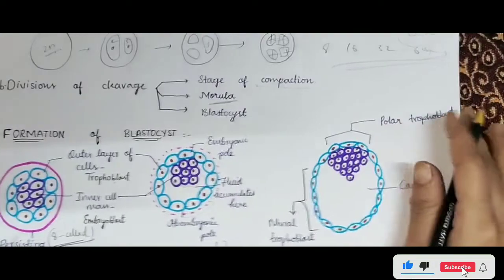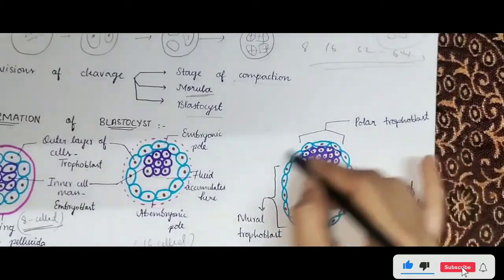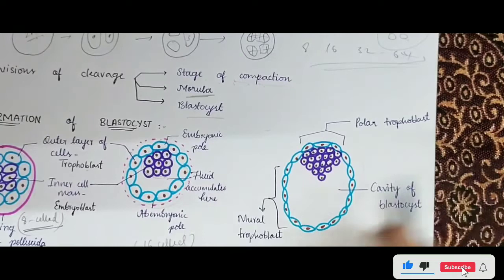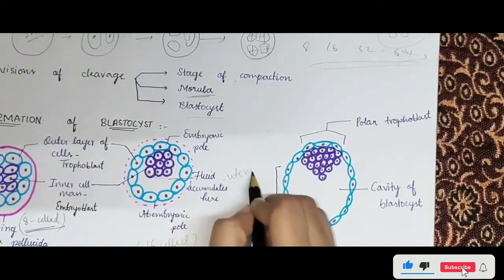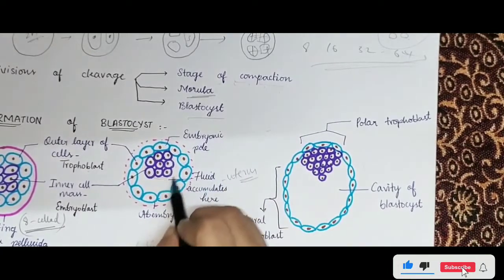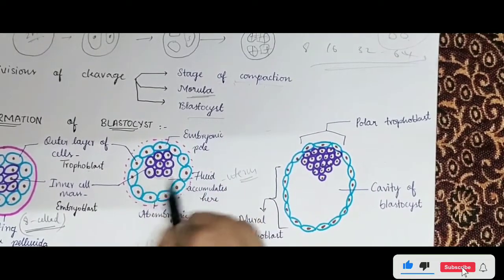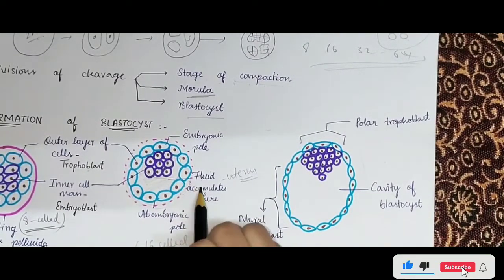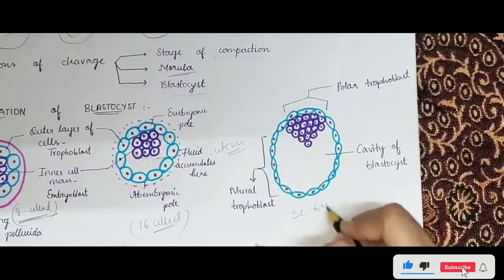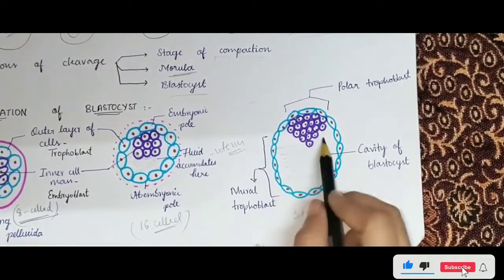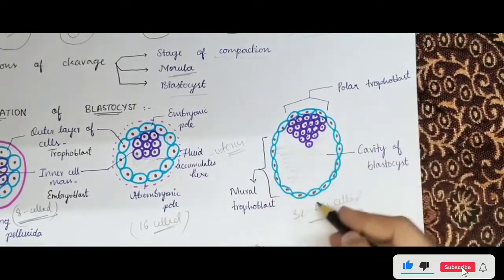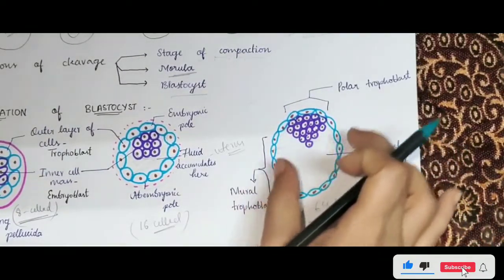Next, now the actual blastocyst. This is the structure of a blastocyst. In the 16-cell stage itself, some fluid from the uterus starts entering this space. Later on, at the 32 to 64 cell stage, the fluid accumulation increases in such a way that the outermost trophoblastic cells become flattened because of the more accumulation of the fluid.